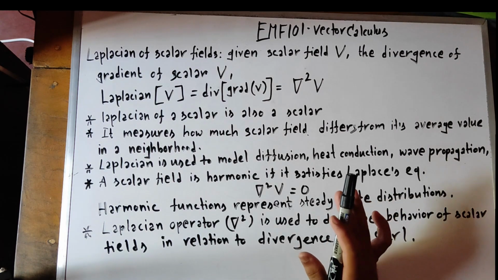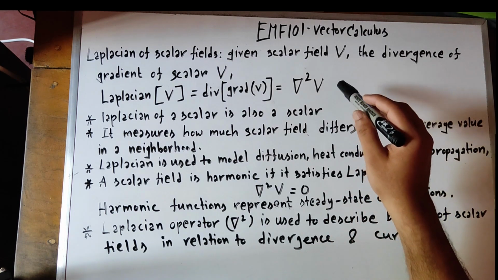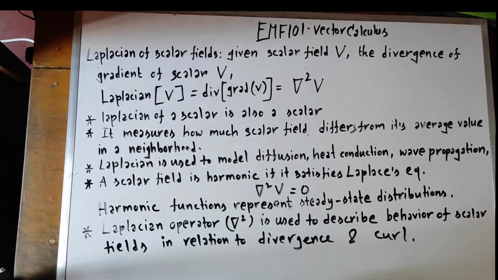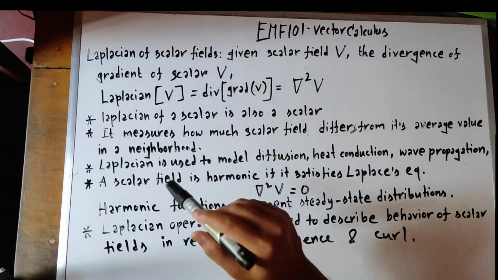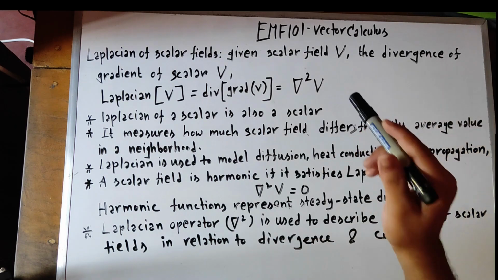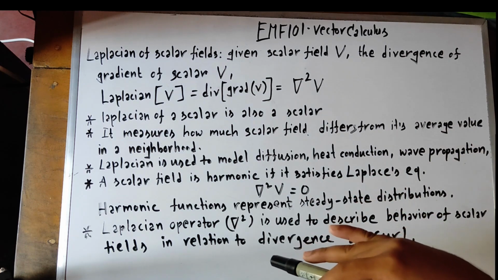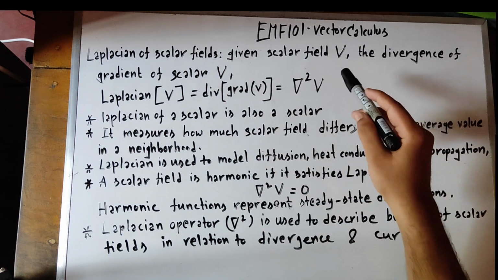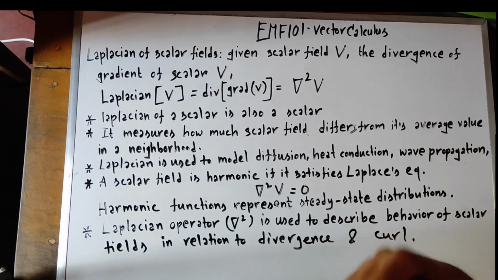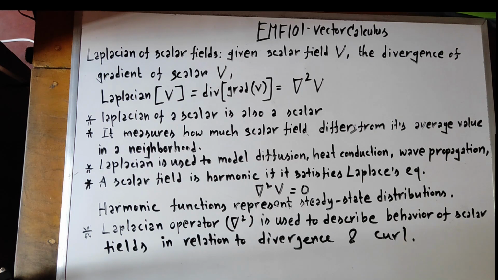So a very important vector calculus formula, del square V, and the Laplacian operation is very significant in EMF. The Laplacian operator in general is not only used in scalar fields, it can also be used in vector fields. I'm going to show you that also.